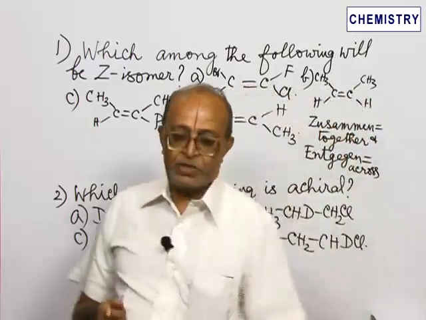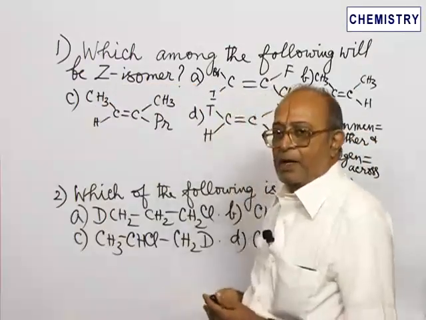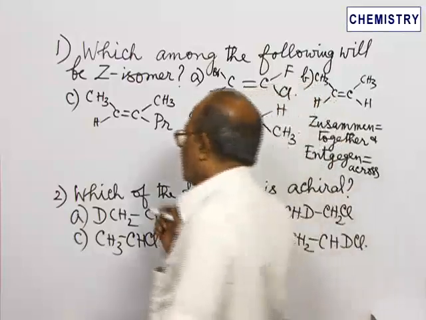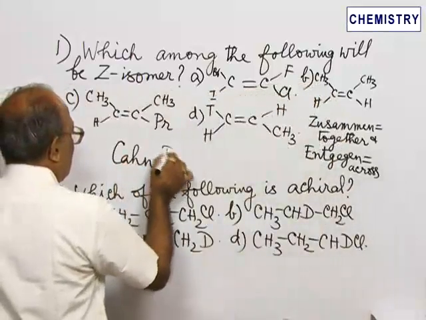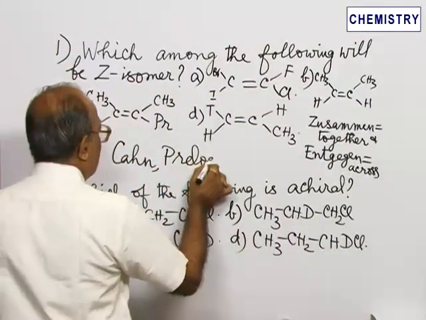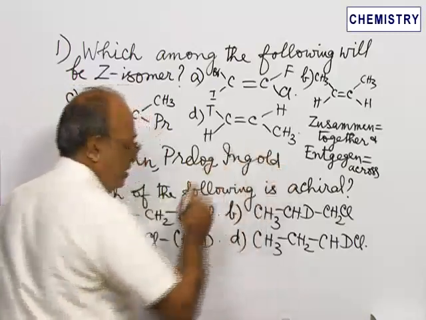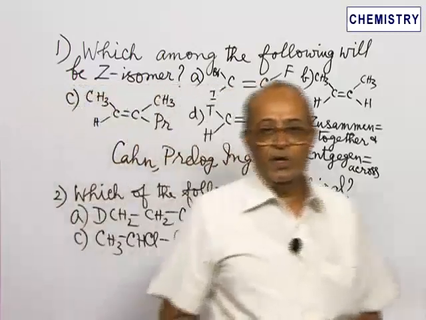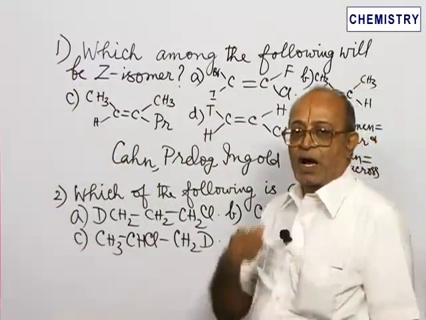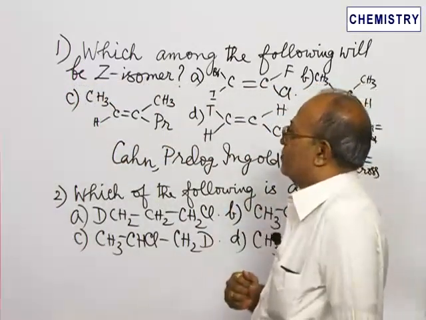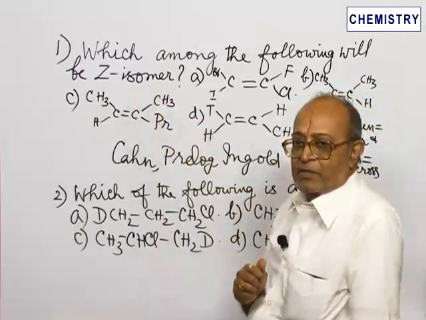Geometrical isomerism is known as cis-trans isomerism also, but three scientists, Cahn, Prelog, and Ingold, introduced another sort of notation, EZ notation.